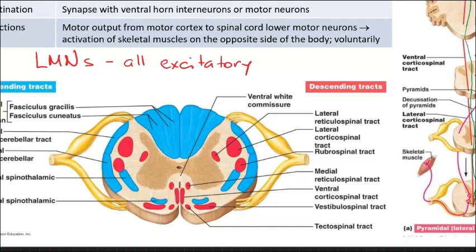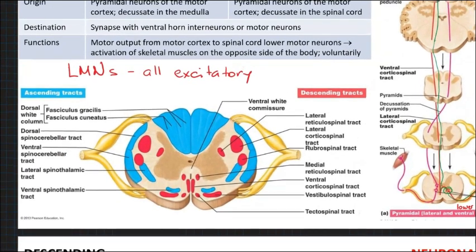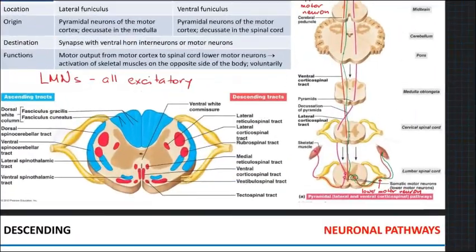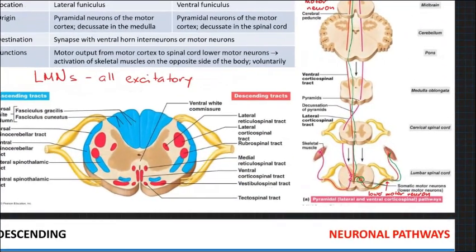So if a lower motor neuron is firing, it activates the muscle and it contracts. If it doesn't fire, muscle relaxes. That's it. But why wouldn't it fire in some circumstances?